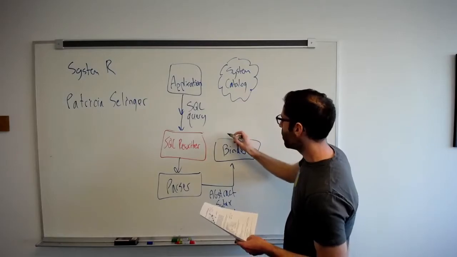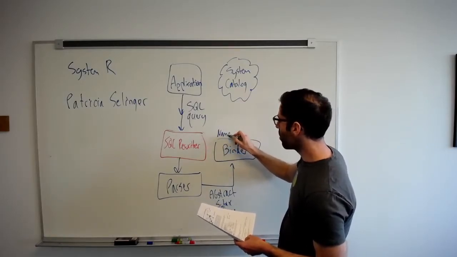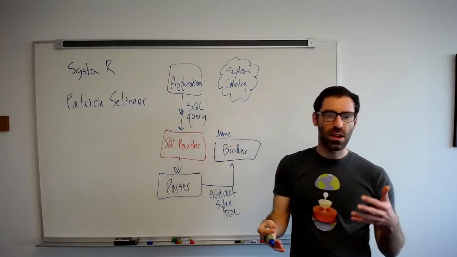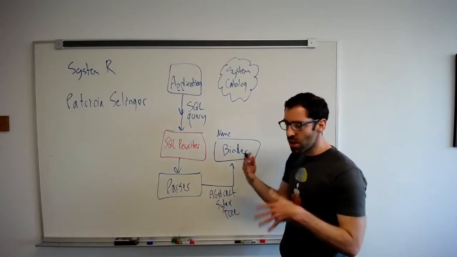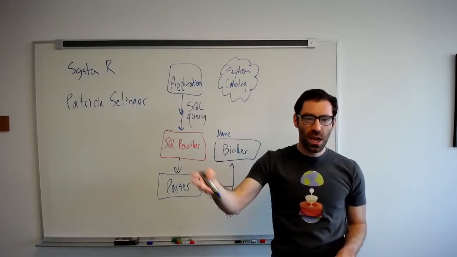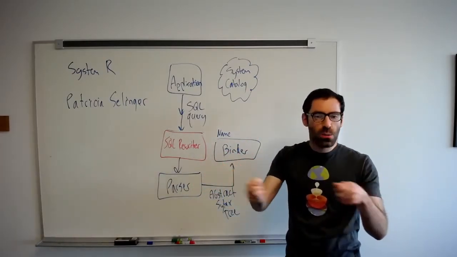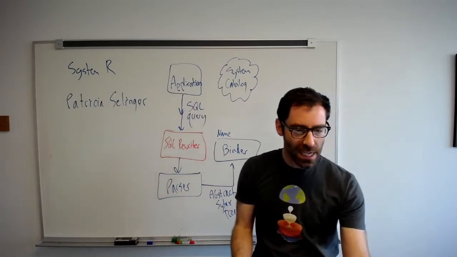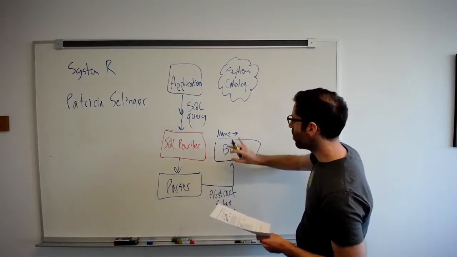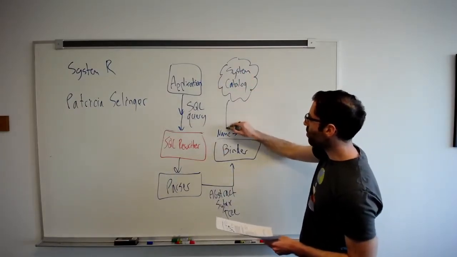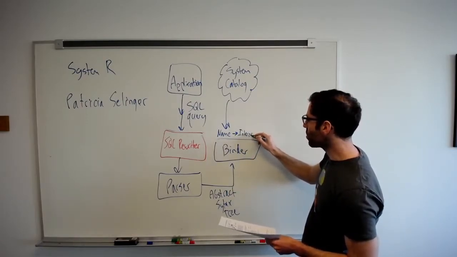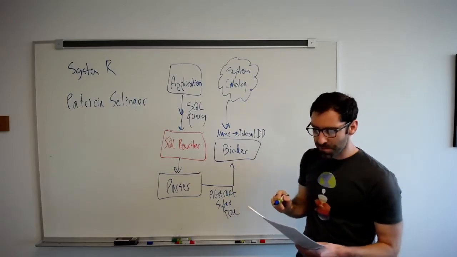And so in the binder, we're going to take all the names, which may be lengthy strings. We have to think about what case they're in, etc. And so in the rest of the system, we don't want to be referring to the tables and attributes and so on by some string names. We just want some internal ID that we can use to look up the information we need. So the binder is going to use the information from the system catalog to turn names into these internal IDs.